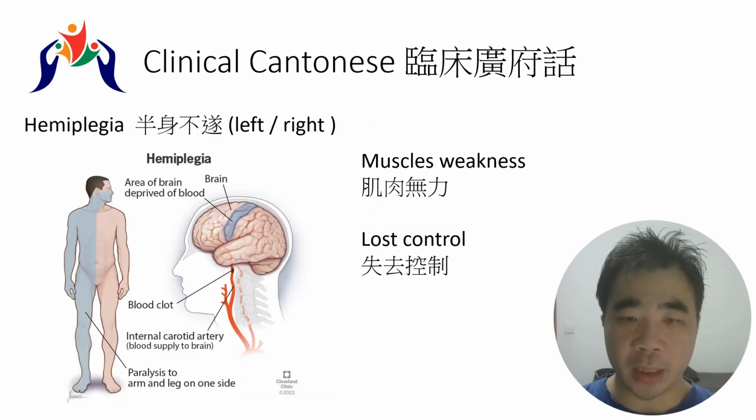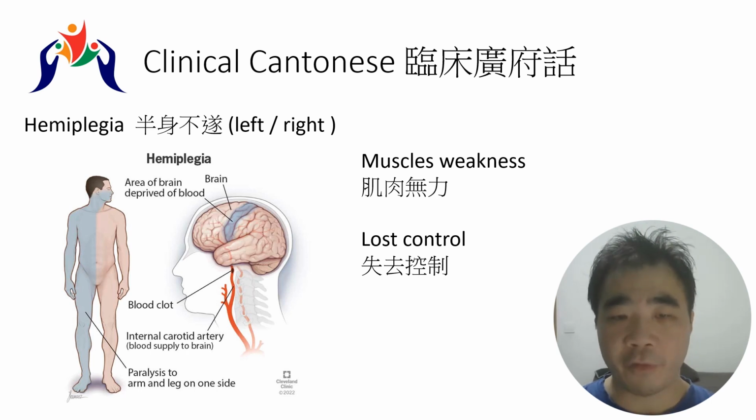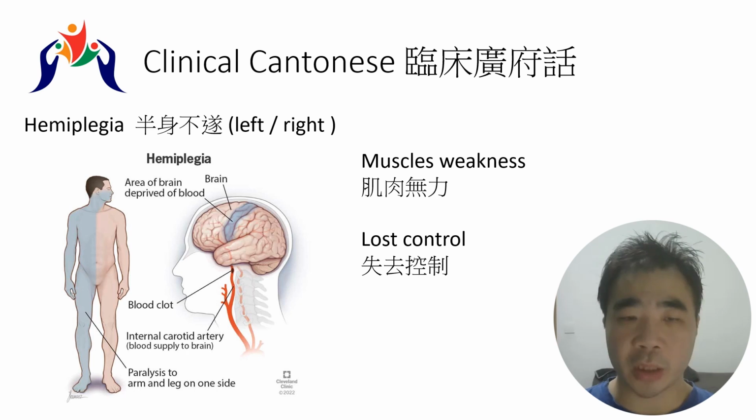The severity of stroke can vary a lot, from very mild transient stroke that almost has no symptoms to a very serious stroke that can even cause fatal consequences. But on average, the major symptoms are because of the damage of half of the brain, which causes loss of control of half side of the body.